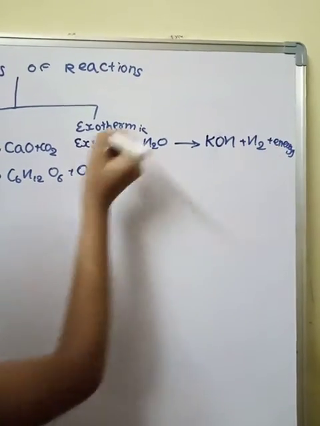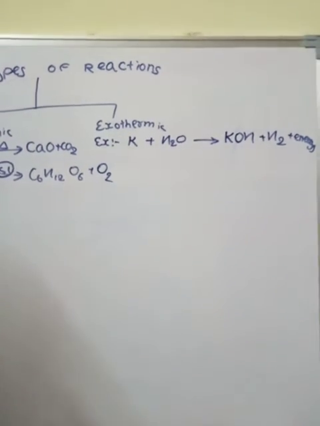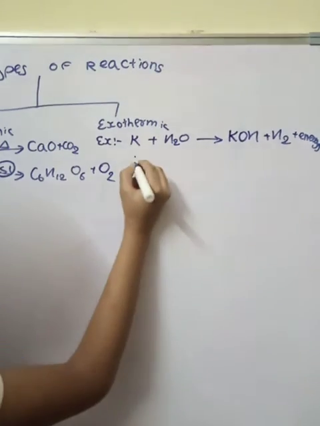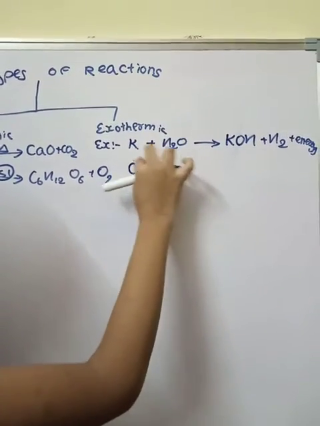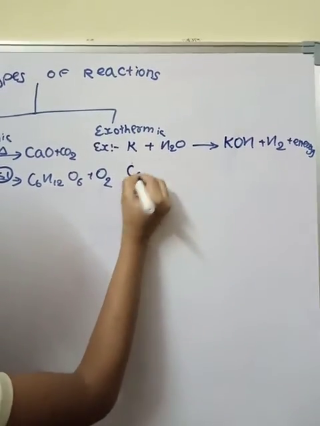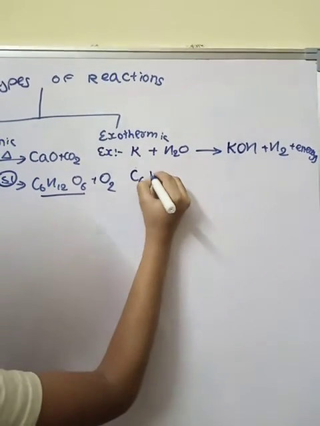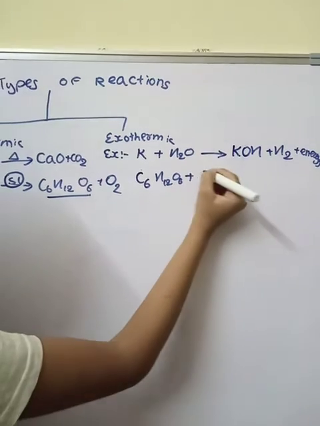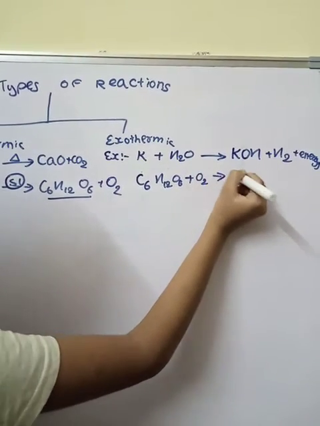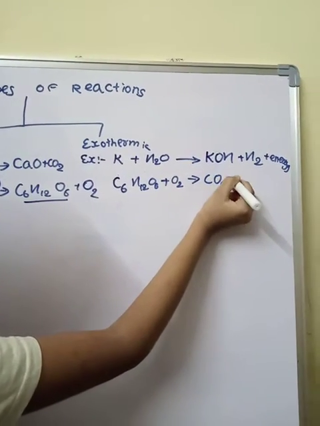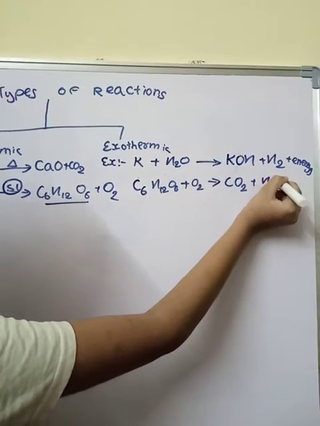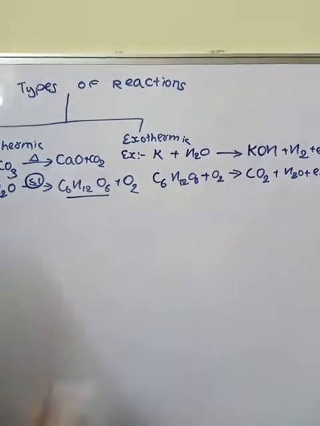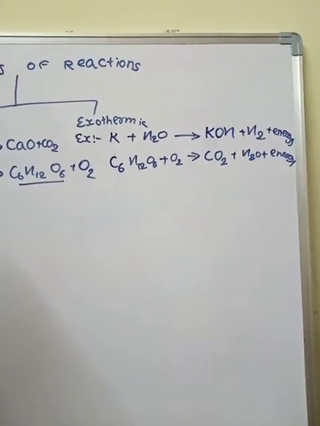That's why this is an example of an exothermic reaction. Another example of an exothermic reaction is respiration. The food which we take from plants, C6H12O6, and when we breathe in air, oxygen goes in and breaks it down into CO2 plus H2O plus energy. This is also an example of exothermic reactions.